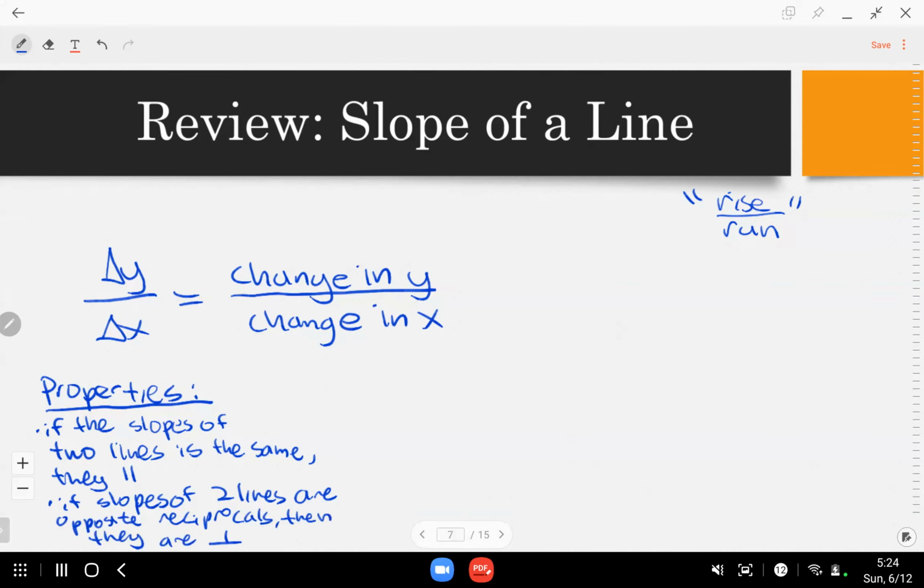So remember that if the slope is the same, then those two lines are parallel. If those two lines are perpendicular, the slope is opposite reciprocal.